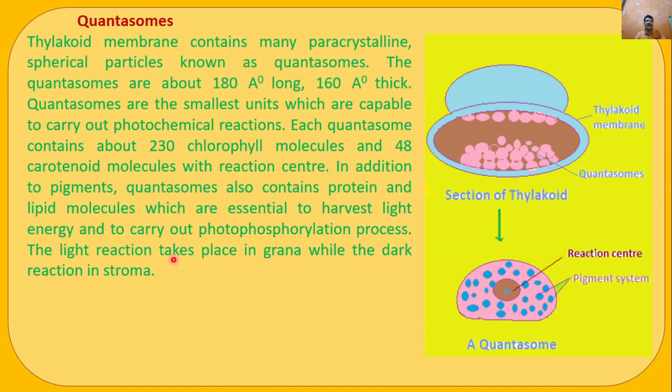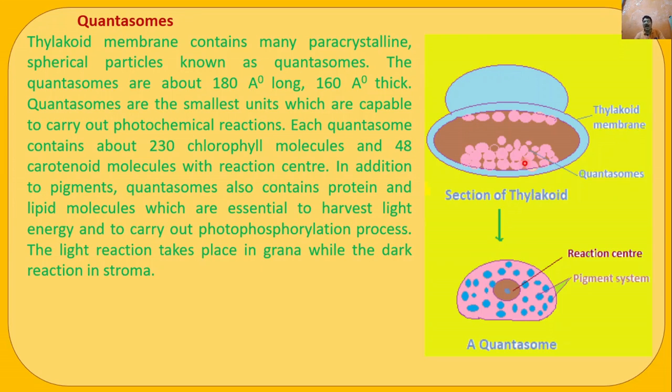So the light reaction takes place in grana while the dark reaction takes place in stroma. Here you can see, if you see a section of a thylakoid, it contains many particle-like structures, and these are known as quantasomes, which have a size of 180 angstrom long and 160 angstrom thick.